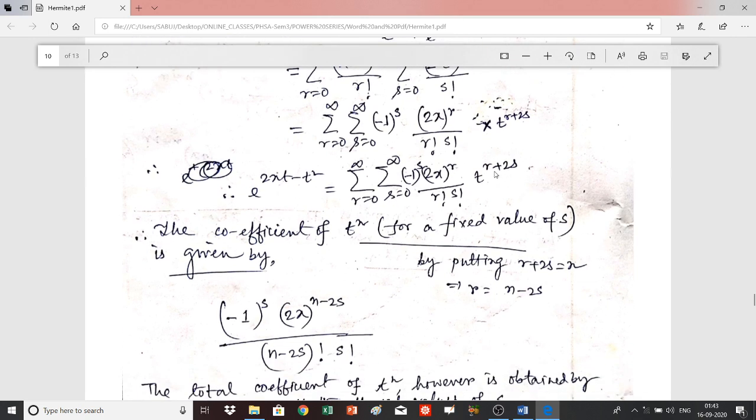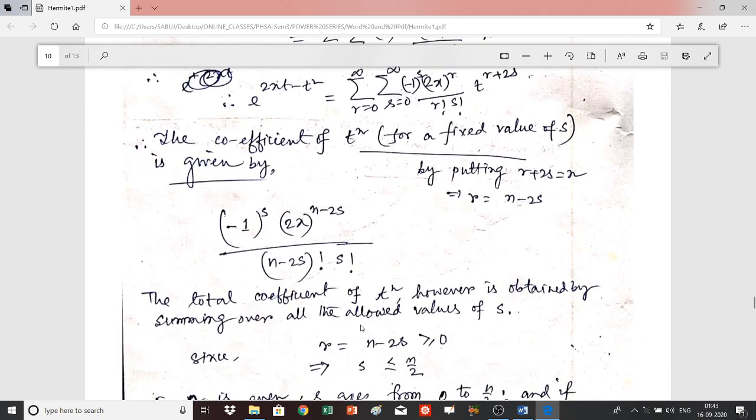To do this, you have to replace r plus 2s as n, such that this will give you t to the power n, and then the coefficient here will be (-1)^s, (2x)^r, since r is replaced by this. So from here r is equal to n minus 2s. So you have to write it as (2x)^(n-2s), and then r! is (n-2s)!, and then s!.